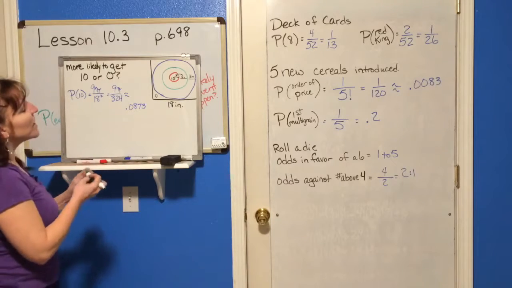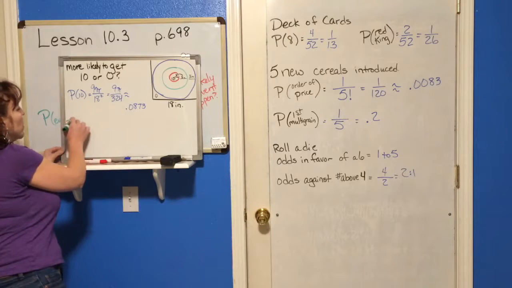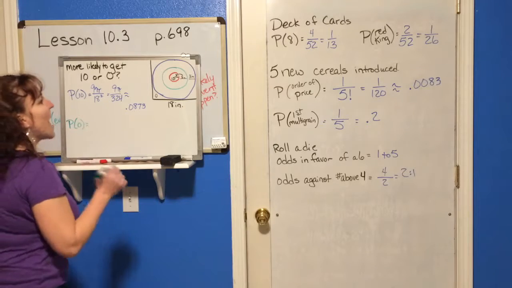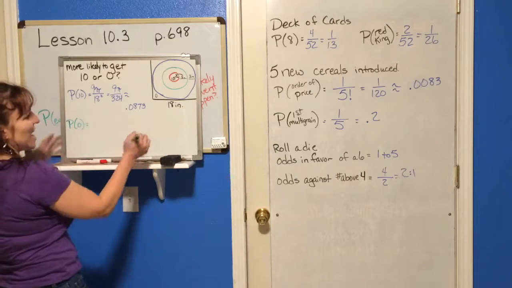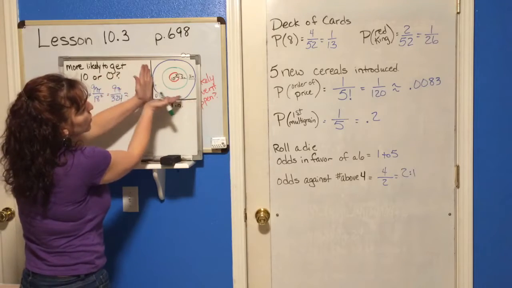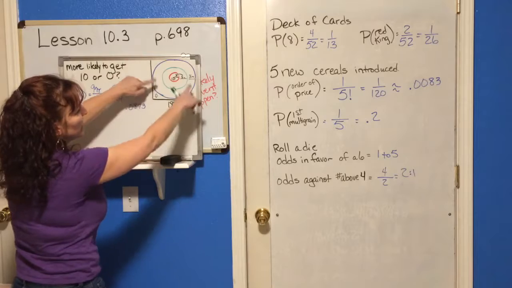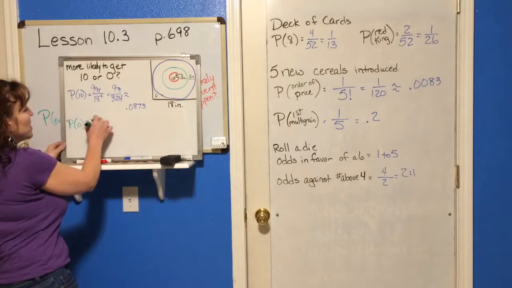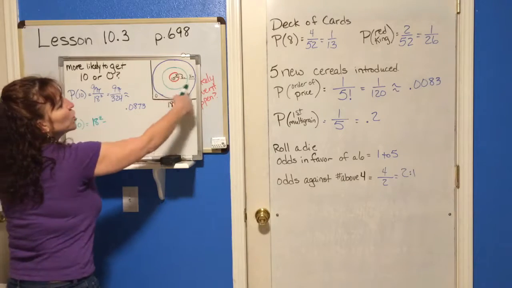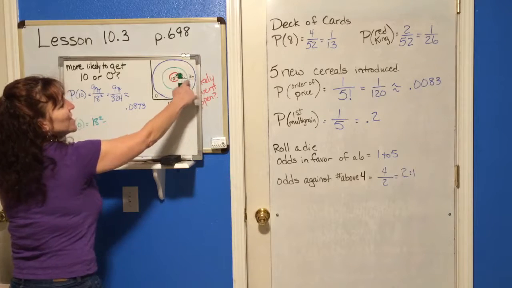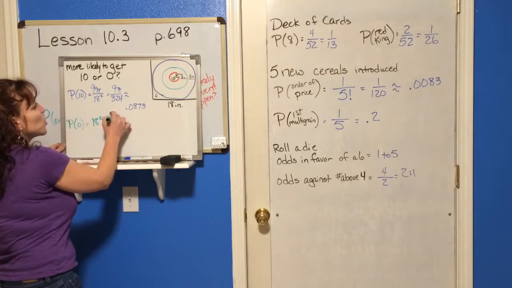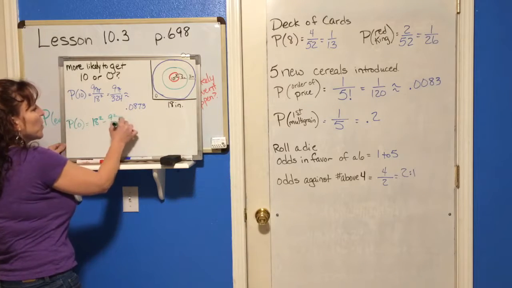Now, to get the probability of a 0, what we're going to do is take the whole square and subtract out the circle to get these corners. So we're going to take 18 squared minus the large circle, which is 9 squared pi.